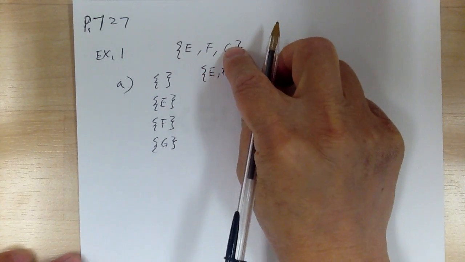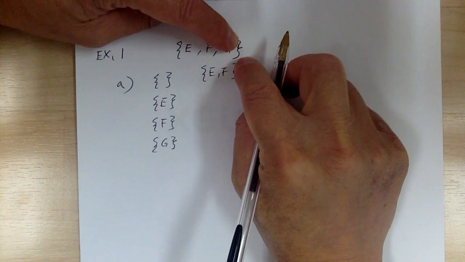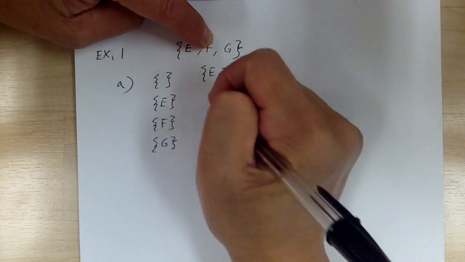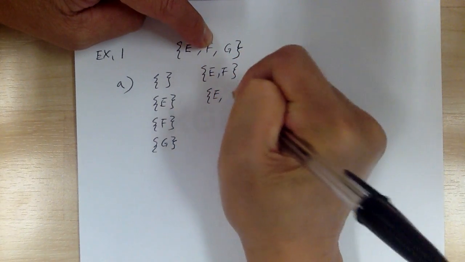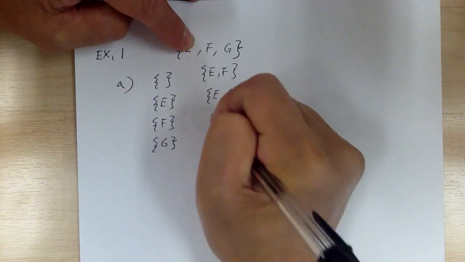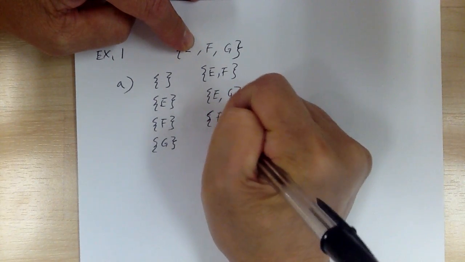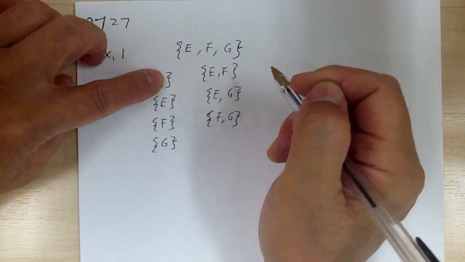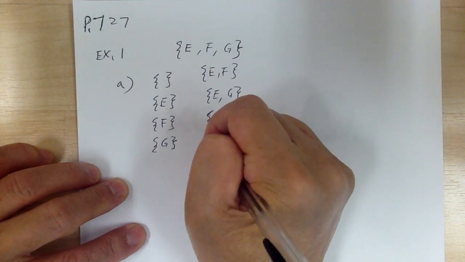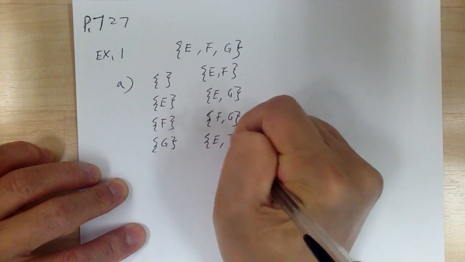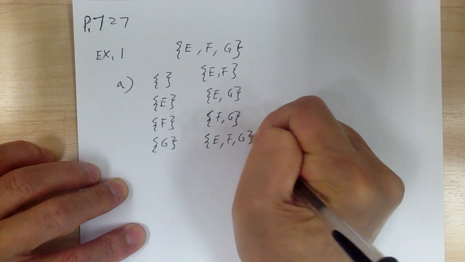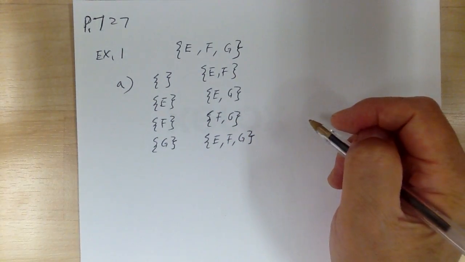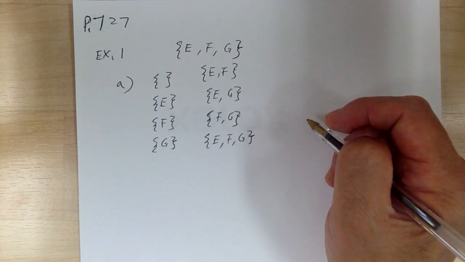So you left out the G. So go and leave this one out, and then leave this one out, just go in order, and then you leave this one out. So you start with 0, 1, 2, and then do the 3. And so that would be all the subsets.